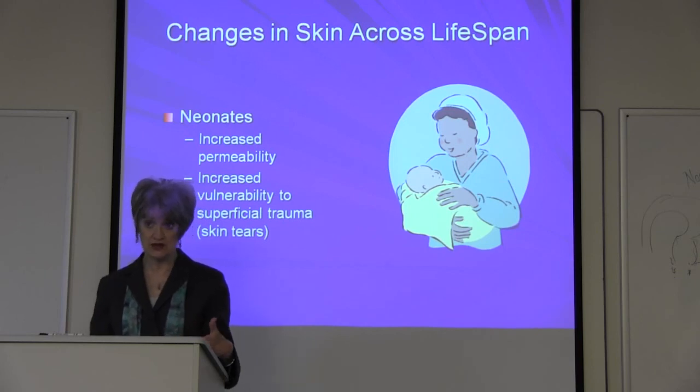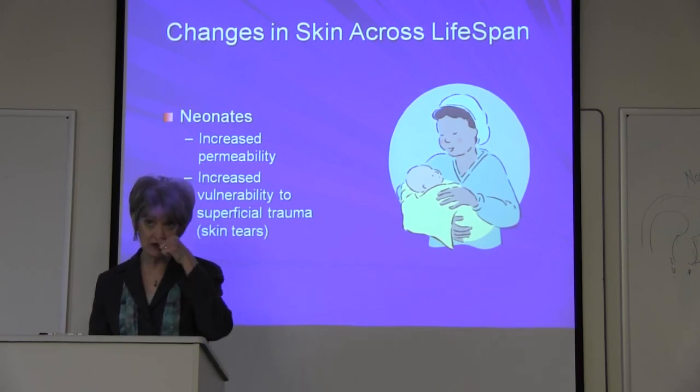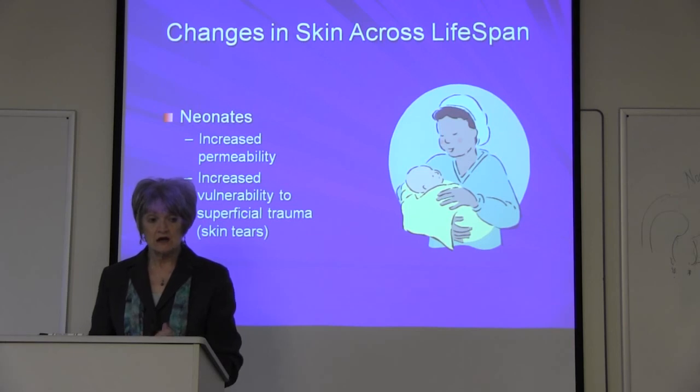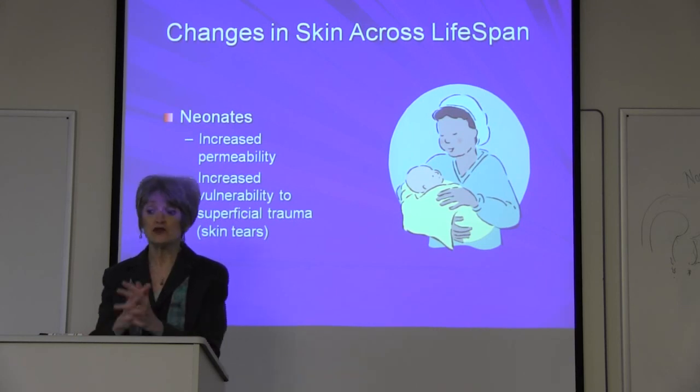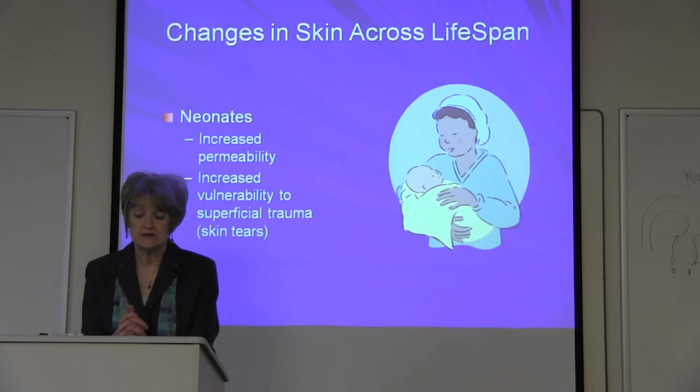So then the last two things I wanted to point out is that neonates and prematures are much more vulnerable to infiltration injuries. Those of you who work with infants and neonates, those of you who have a NICU in your agency, you'll find that extravasation is one of the most common reasons for consults in the NICU population, and it's because they have two things that make them very high risk.